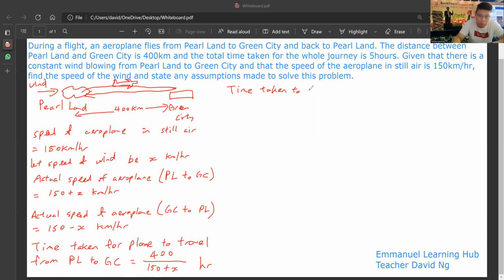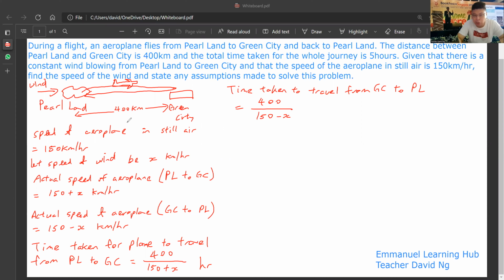From Green City back to Pearland, it is 400 divided by 150 minus x, because 150 minus x is the speed of the aeroplane when it travels from Green City back to Pearland.